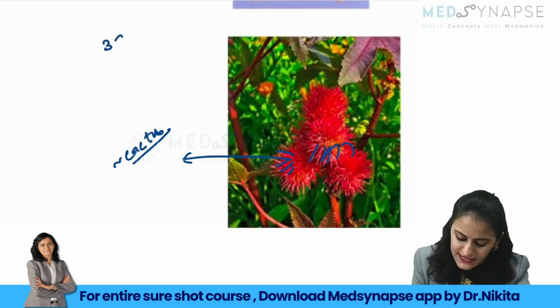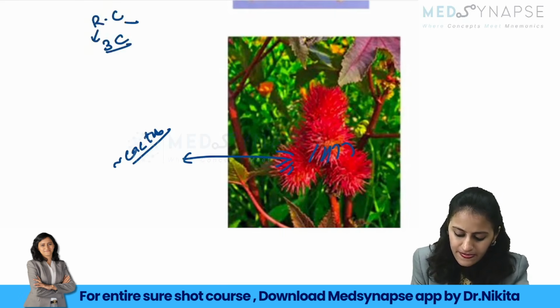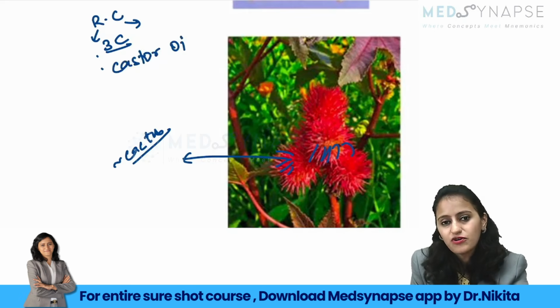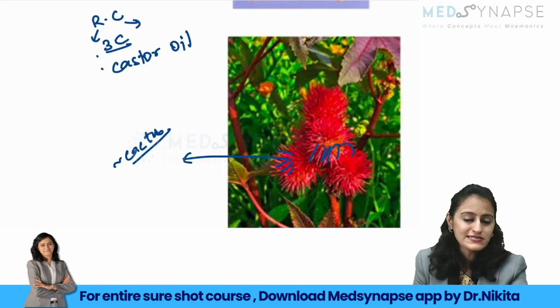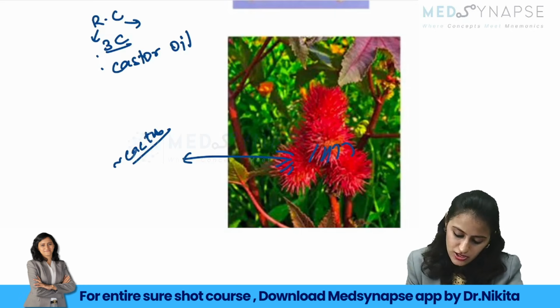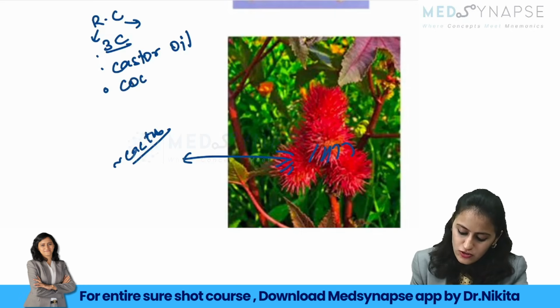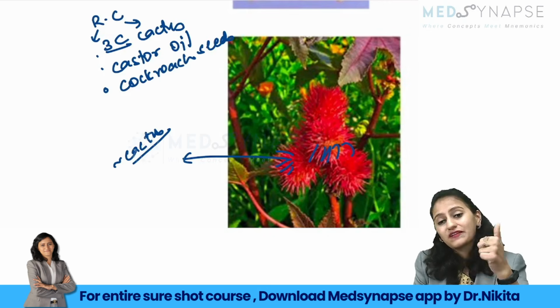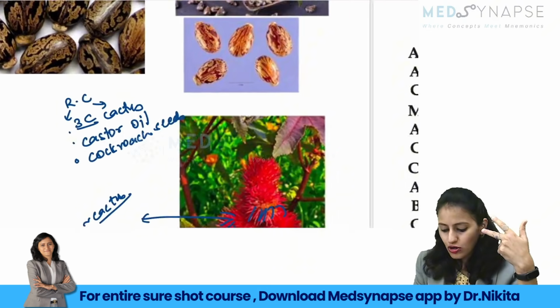So the three C's for Ricinus communis: red cactus, right? The other one is that castor oil comes from it. The castor oil is non-toxic, but the residue of the seeds is toxic, right? And the cockroach seeds. Remember the three C's: red cactus, castor oil, and the cockroach seeds.